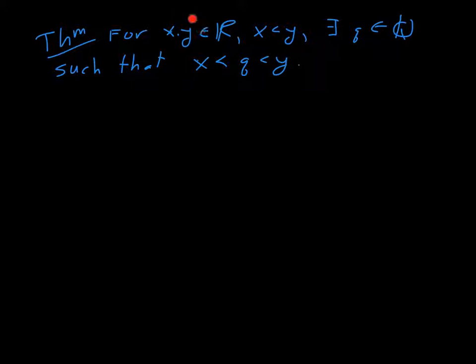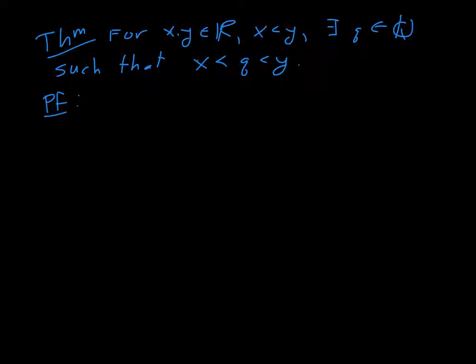Then there's going to exist a rational number, call it q, such that q is in the middle between x and y. So any two real numbers you pick, you can always find a rational number in between them. So let's go through the proof of this theorem.